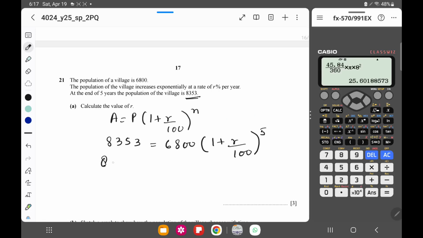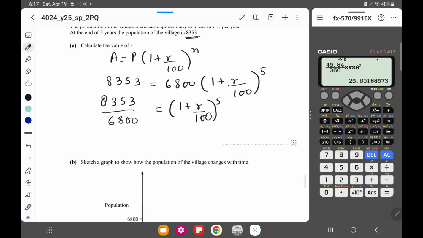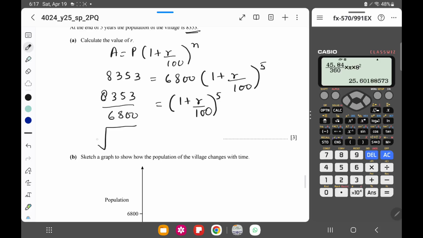So 8,353 divided by 6,800 is equals to 1 plus r over 100 to the power 5. We'll find out fifth root of 8,353 over 6,800 first.